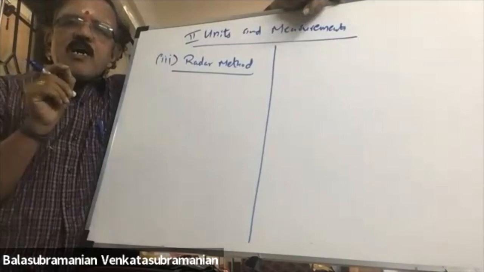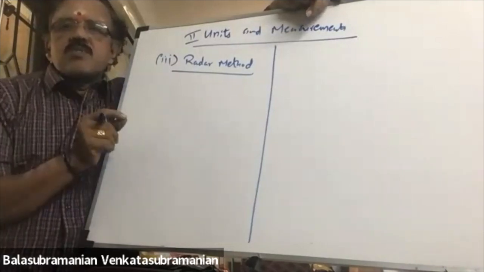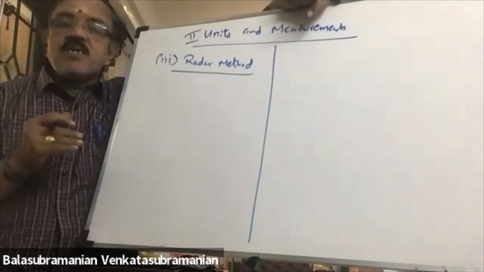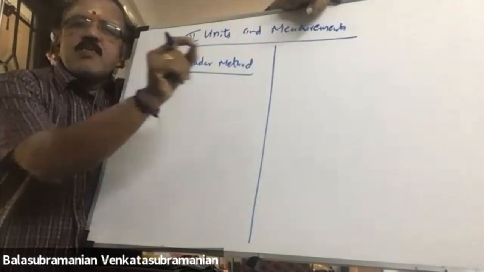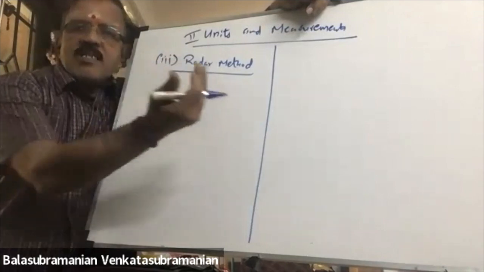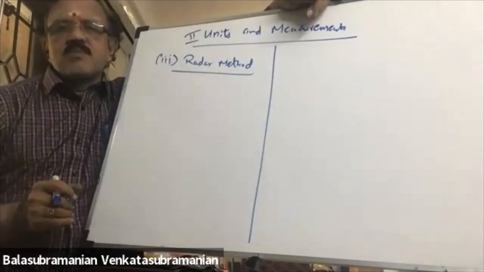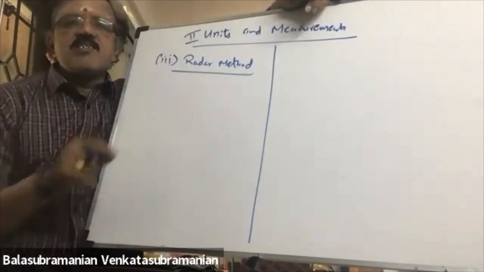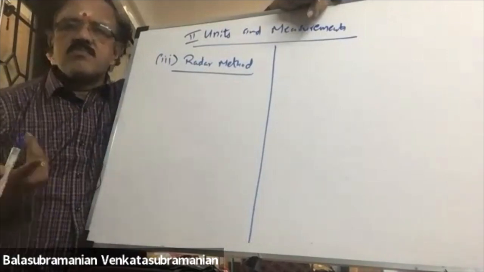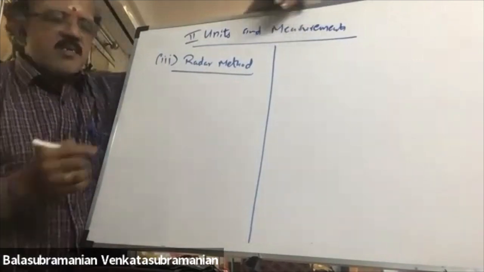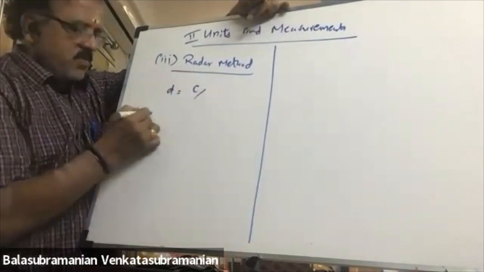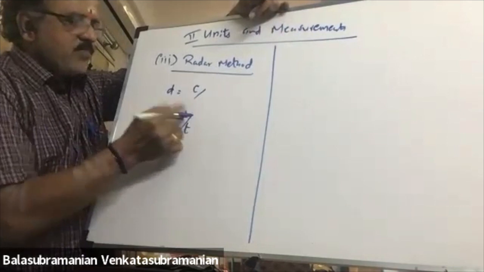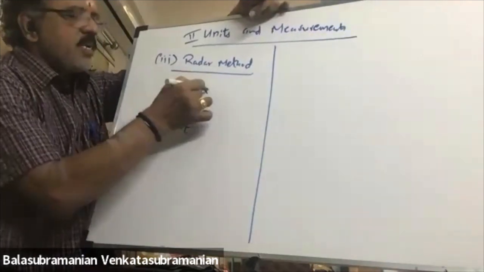You send a pulse of radio waves from the transmitting end, which will go and hit that particular object and then return back. Based on that, you can calculate the distance. How to calculate? Velocity is distance by time, so distance is equal to velocity into time.